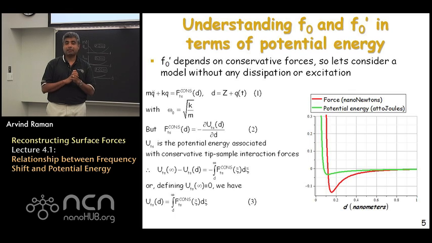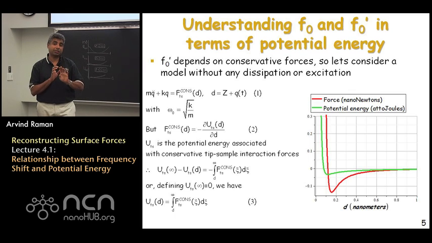We, of course, will define the tip sample potential energy to be 0 when the gap is infinity. As a result, we come up with equation 3 that tells us the relationship between the potential energy of the tip located at a gap D and the conservative interaction forces between the tip and the sample.